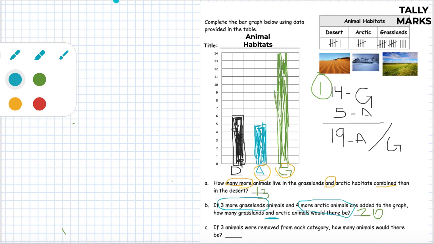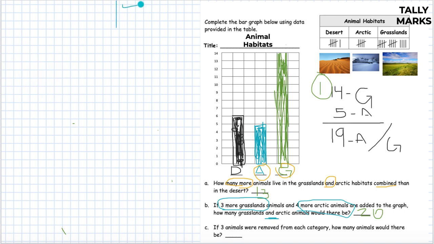So if we have 14 grassland and 5 Arctic, that gives us a total of 19. And then we add 7 because we're adding 3 more grassland and 4 more Arctic. Are we still going to get 26? Yes, we are. So either way works. You just have to figure out what works best for you.